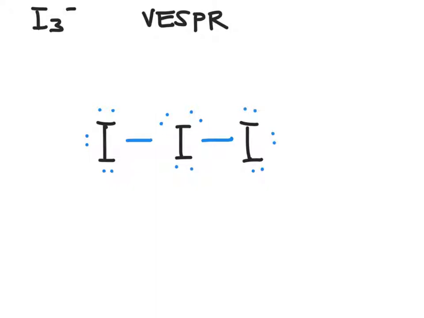And in this, for the VSEPR structure, we would need to show the angle between the bonding pairs, and that angle, because it is linear, is 180 degrees.